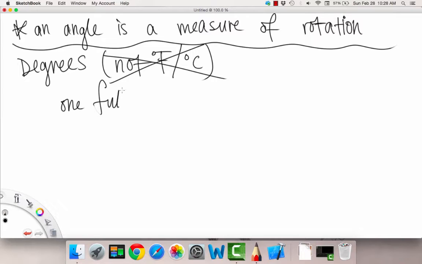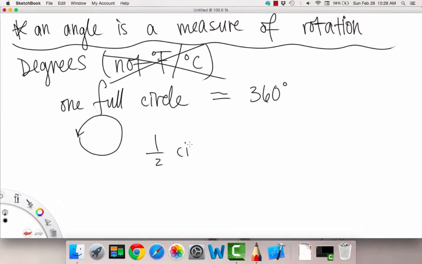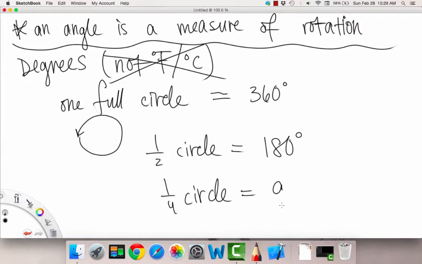One full circle, or one full trip all the way around a circle, is equivalent to 360 degrees. Half a circle, going halfway around, is half of that, so 180 degrees. And a quarter of a circle, if you divide that one more time by 2, gives you 90 degrees.